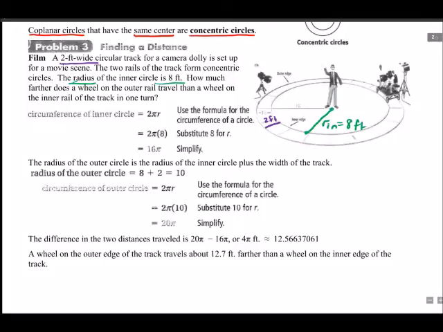Well, how are we going to know the radius of the outer circle? Well, the radius of the outer circle is this. What is that? It's the inner circle plus the 2 feet of the track, so it's 10 feet.